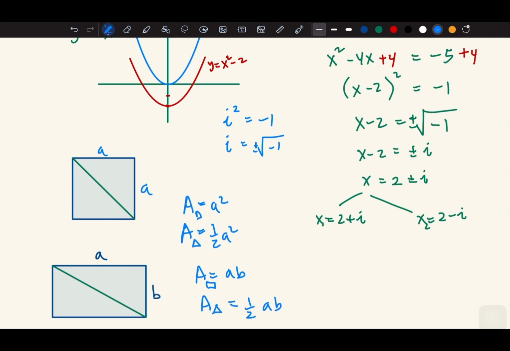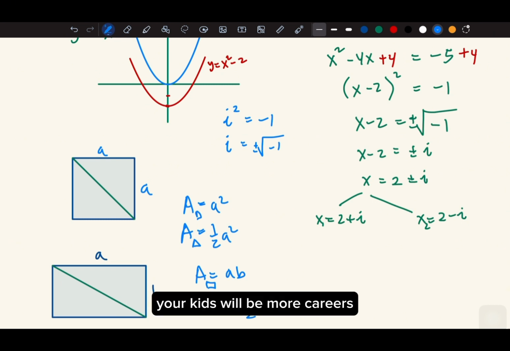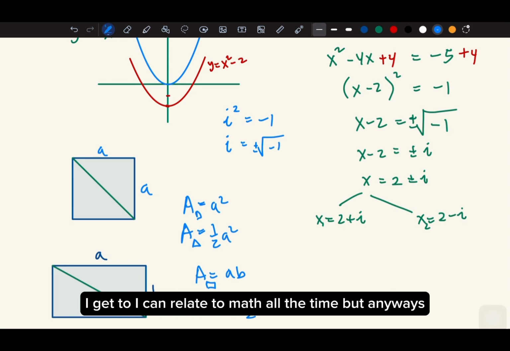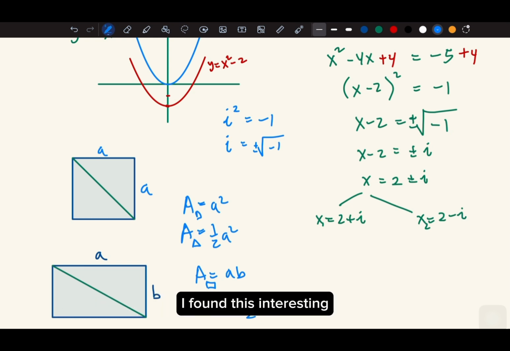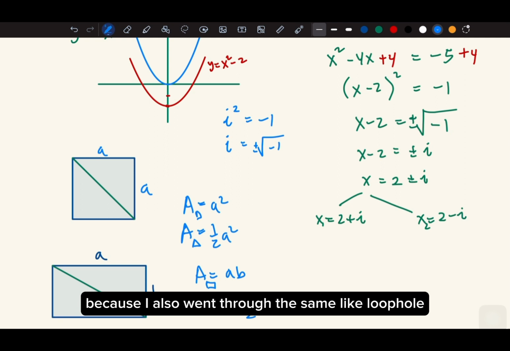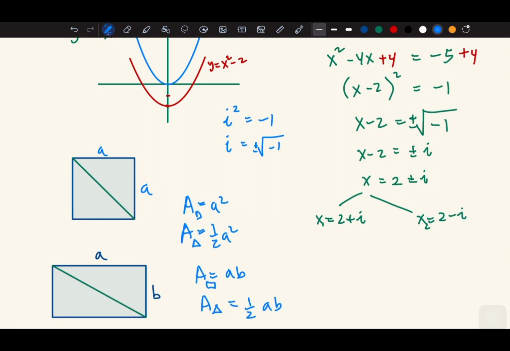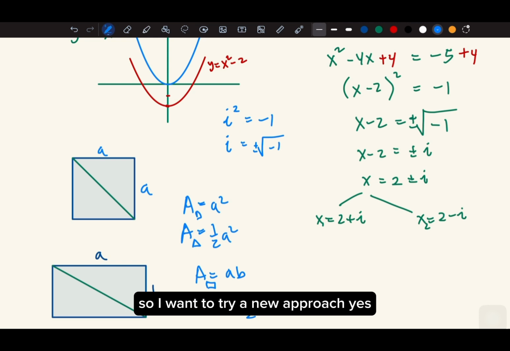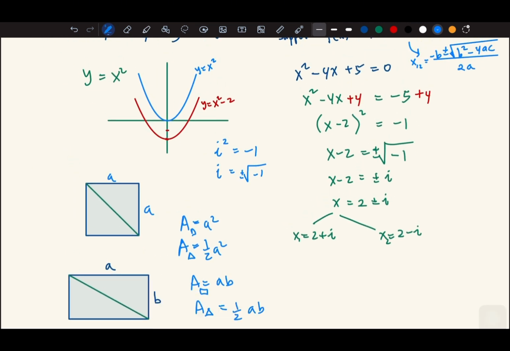But if you teach from here, your kids will be more curious and say, oh, I see, it has more connection, I can relate to math all the time. But anyway, I found this interesting because I also went through the same cycle, so I want to try a new approach.